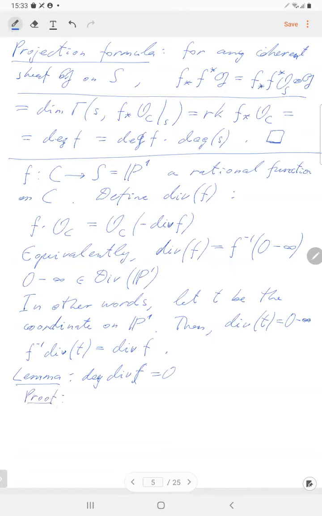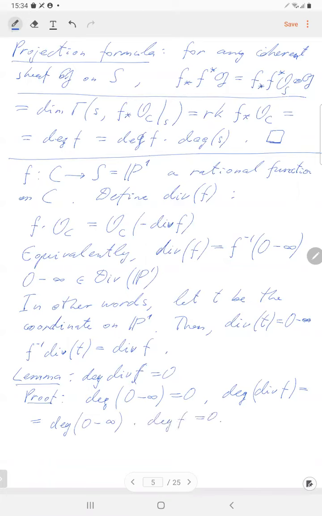And this is a corollary of the previous lemma, because the degree of the divisor 0 minus infinity on P1 clearly is 0, and the degree of the divisor of f is, by the previous lemma, the product of the degree of the divisor downstairs on P1 times the degree of f.